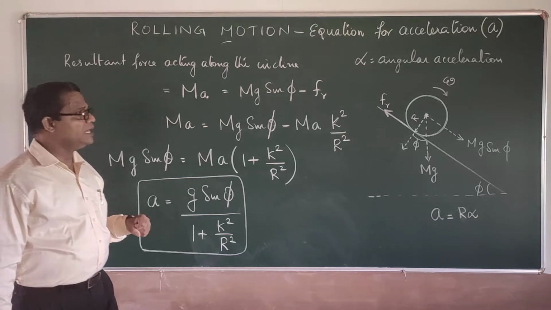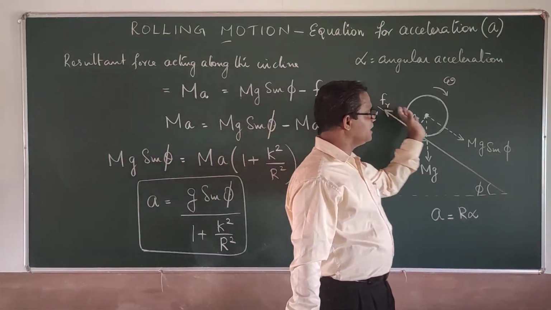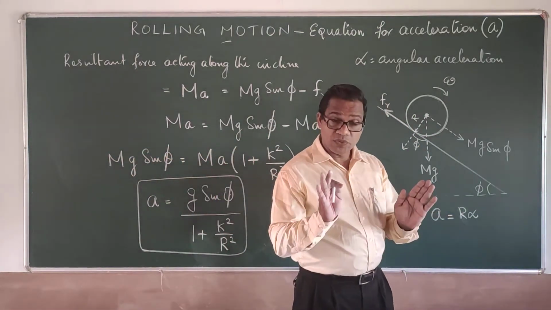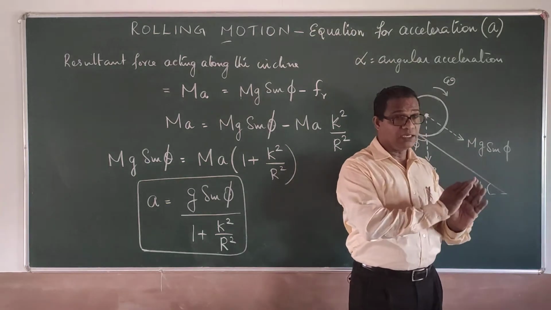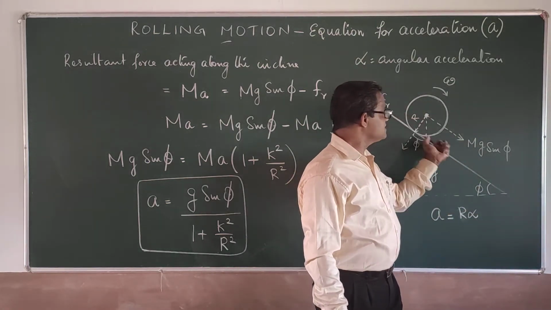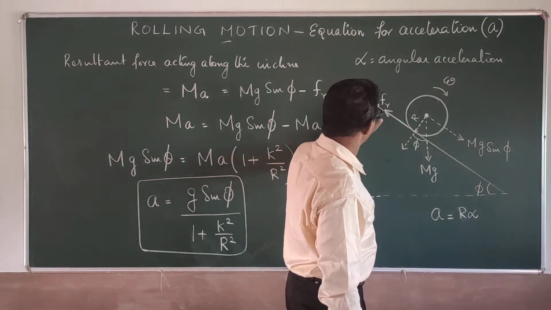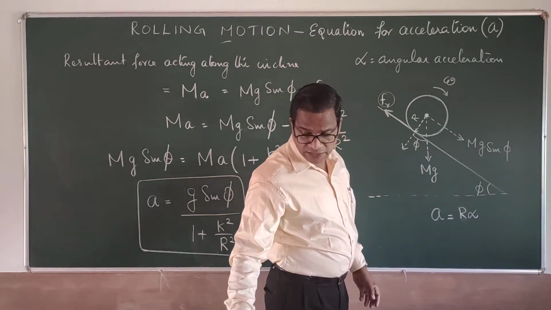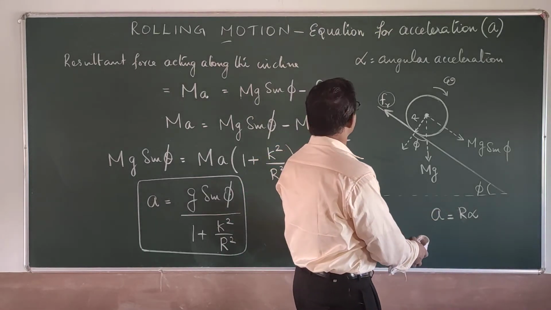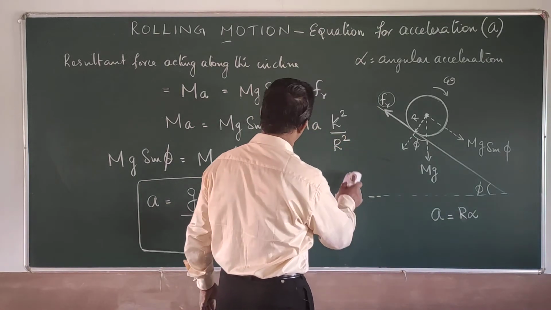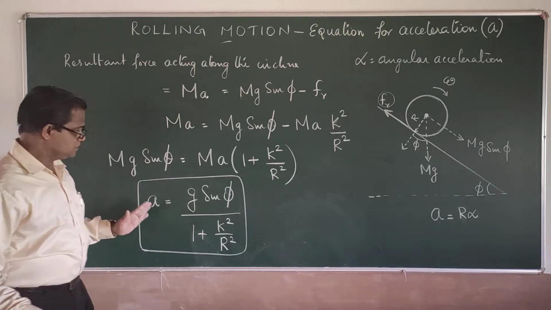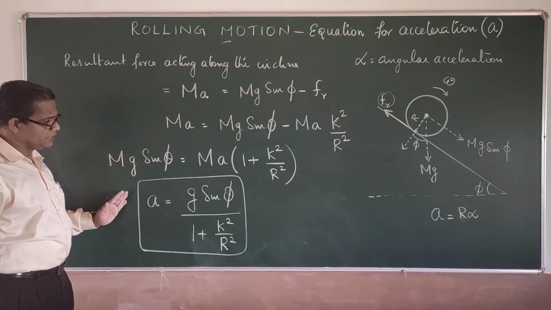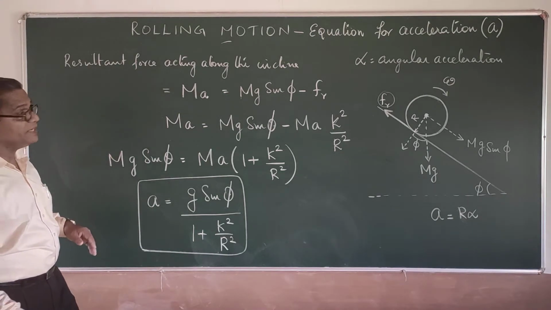Now suppose that the body is sliding down. When it slides down, you can find that there is no friction there. This friction will be 0. So this is the equation for the rolling case, and now I am taking the sliding case.